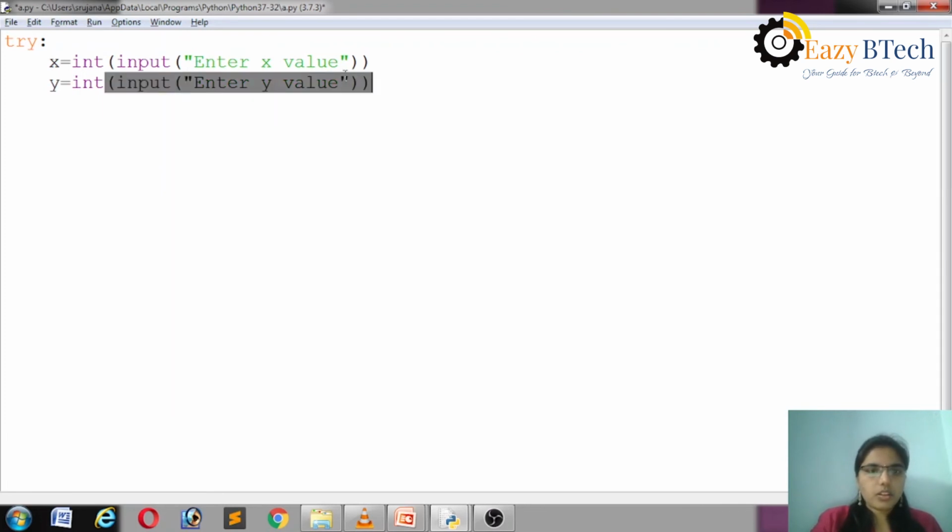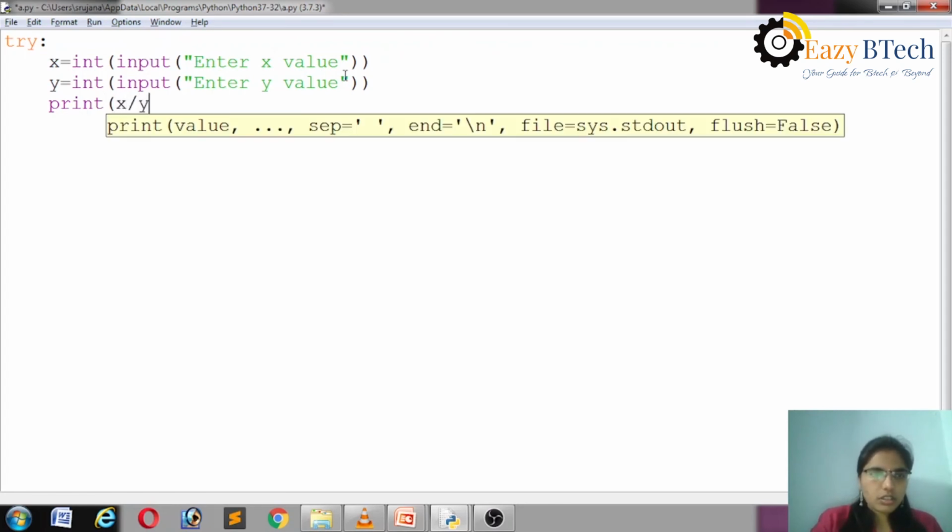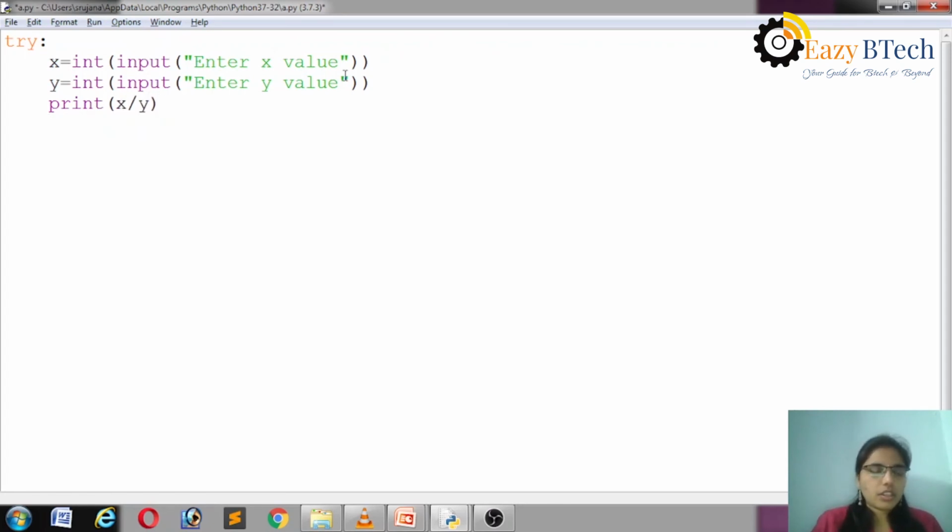If an exception occurs in the try block, it will move on to the except blocks. The first except block is ZeroDivisionError.